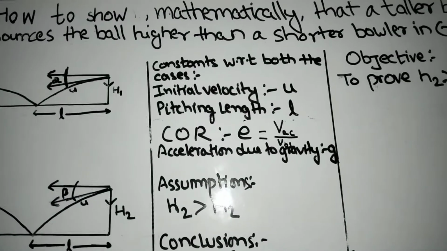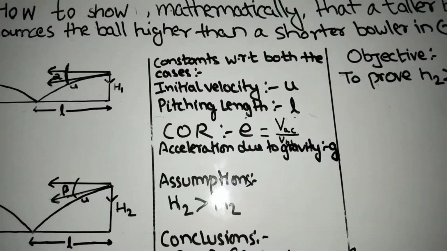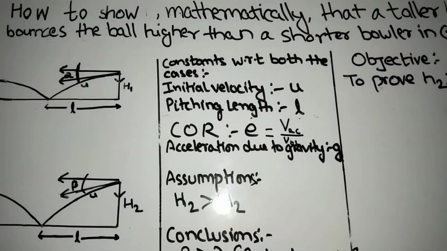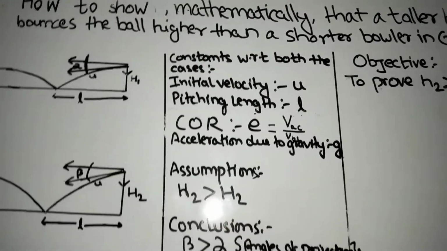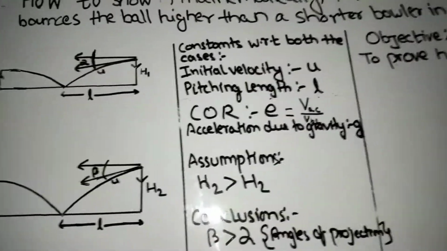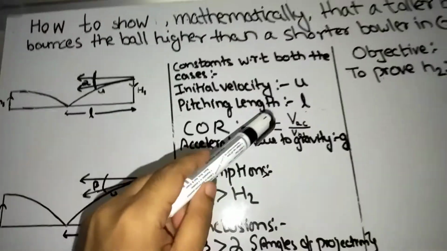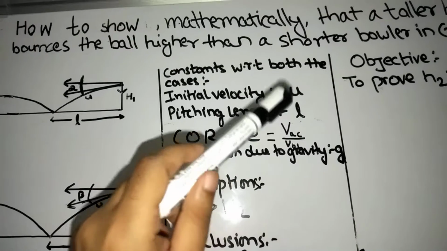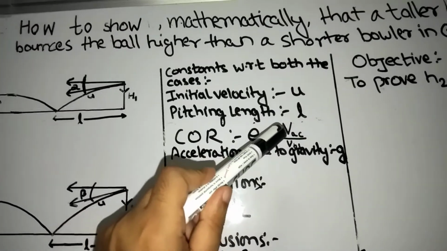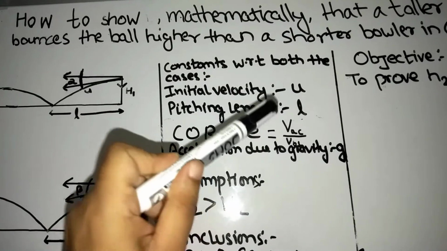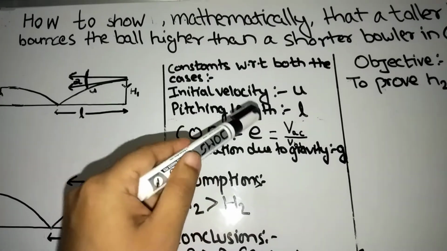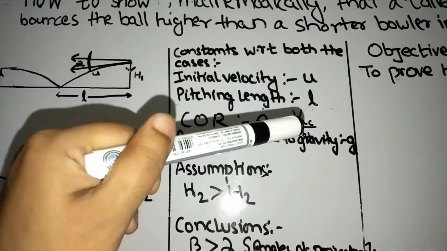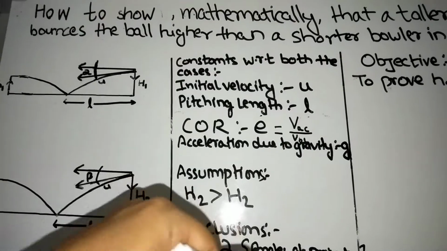The third one is COR, which stands for the coefficient of restitution. Now we are going to learn more about this coefficient of restitution in the later videos. For now, let's just remember that it is the ratio between the relative velocity of an object after the collision and the relative velocity of the same object before the collision.